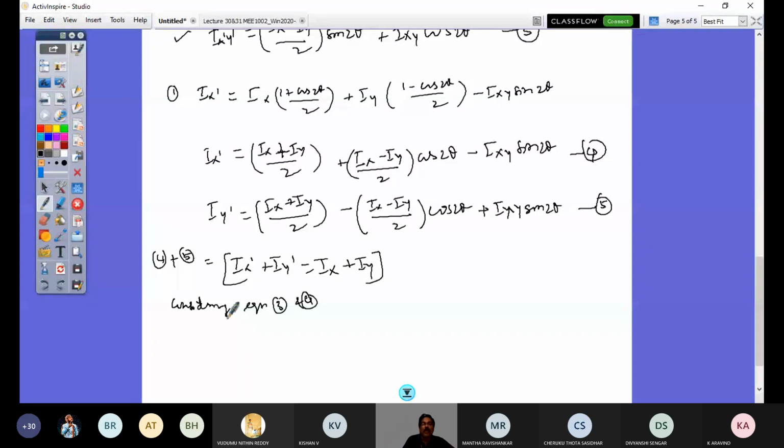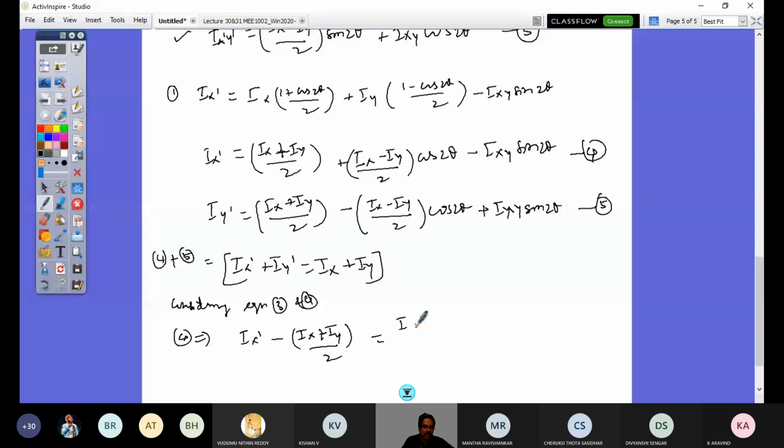So my equation 4 would be first Ix dash minus, I bring this on this side, so that is minus (Ix plus Iy)/2, right? On the other side I would have (Ix minus Iy)/2 cos 2 theta minus Ixy sin 2 theta, right?